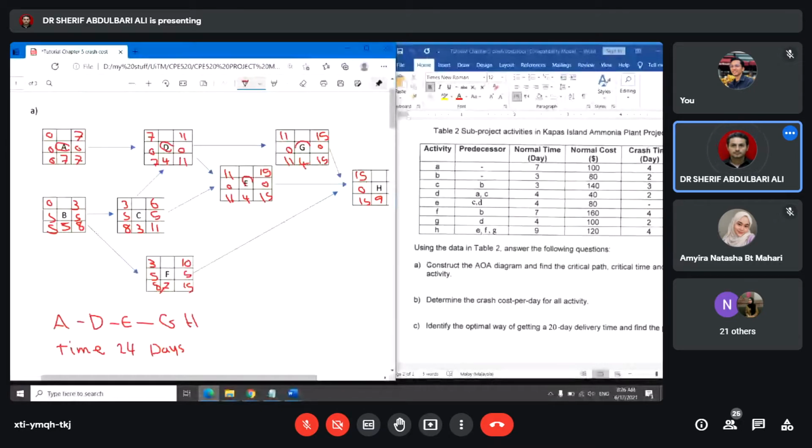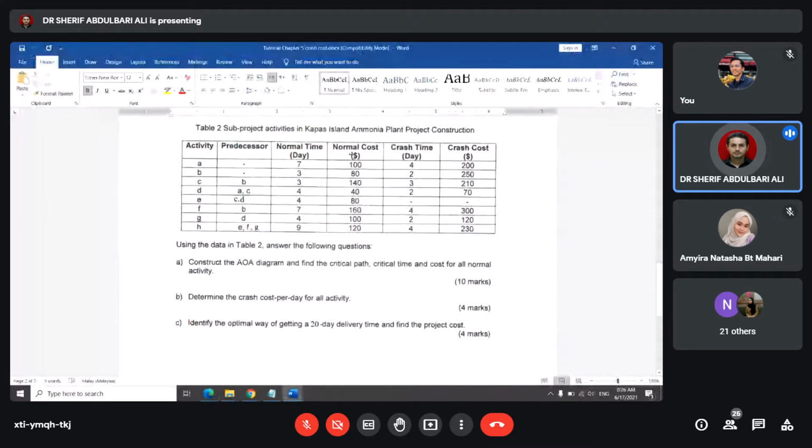Okay, the second part of the question, they're asking you to determine the crash cost per day for all the activities. So here it's really easy. What you will need to do, you will just take the information from the table here. You already have the normal cost, and you already have the crash cost, and also you have the normal time and the crash time.